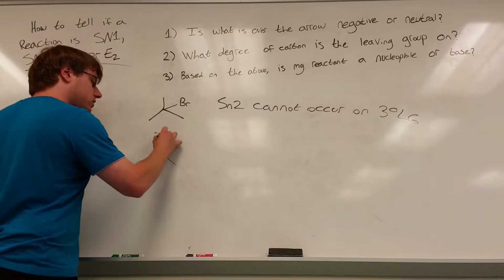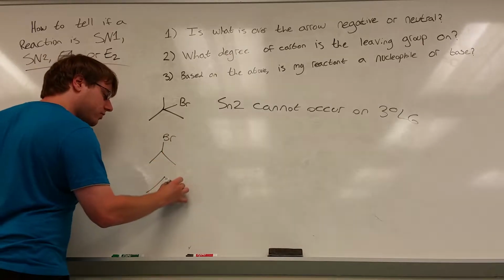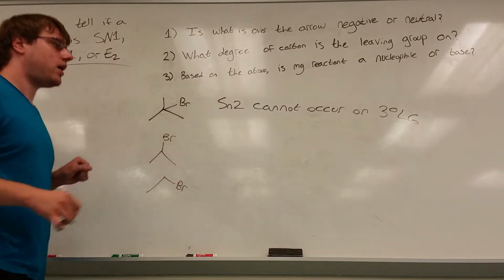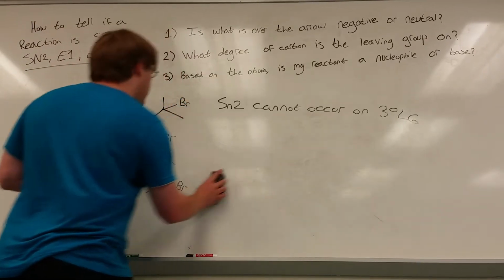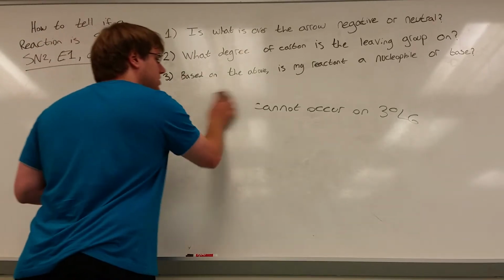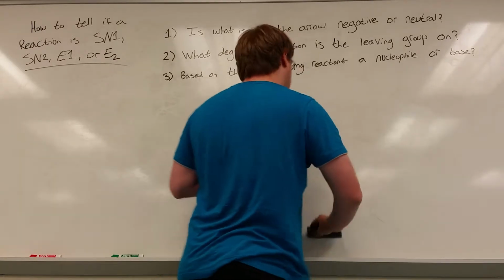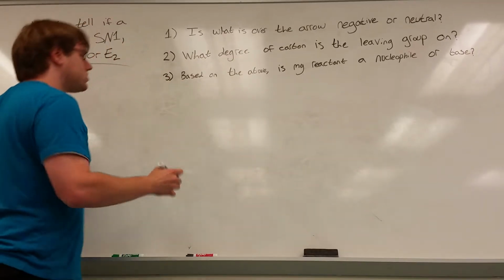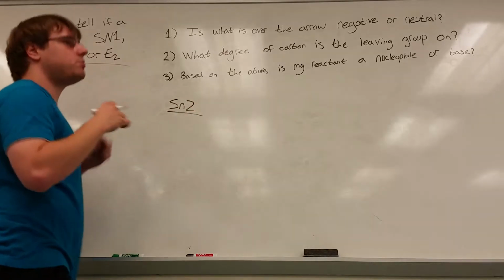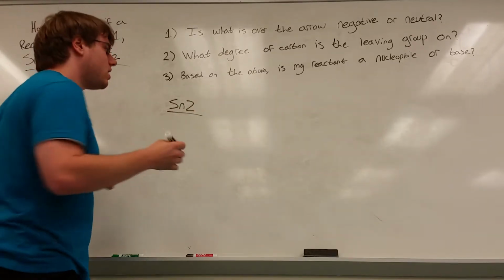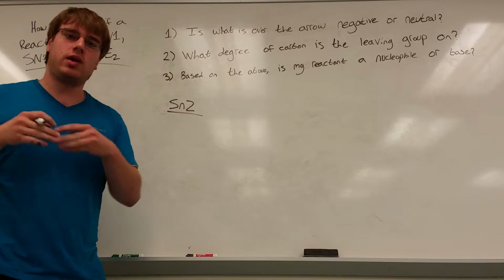Secondary leaving groups and primary leaving groups can still undergo SN2, and there are certain conditions that tell you one versus the other. So let's talk about some good nucleophiles and good bases in the context of SN2 and E2. So first of all, some reactants that very much are much better nucleophiles than bases, meaning they much more prefer doing SN2.